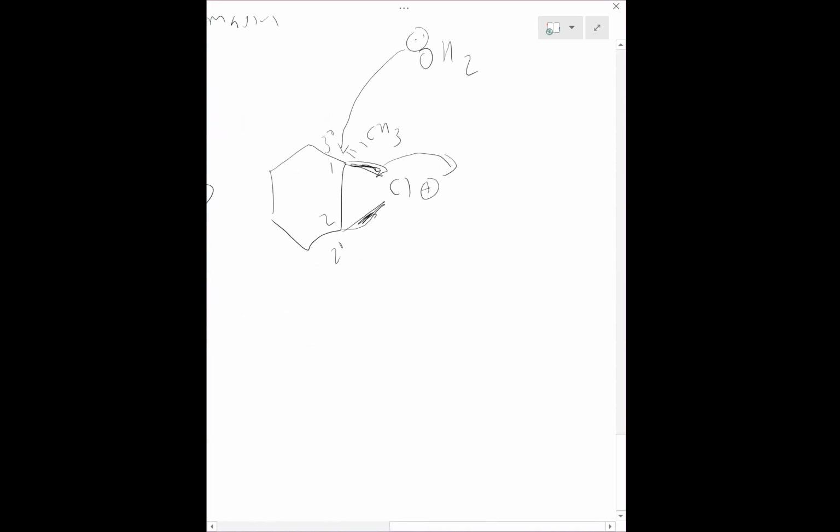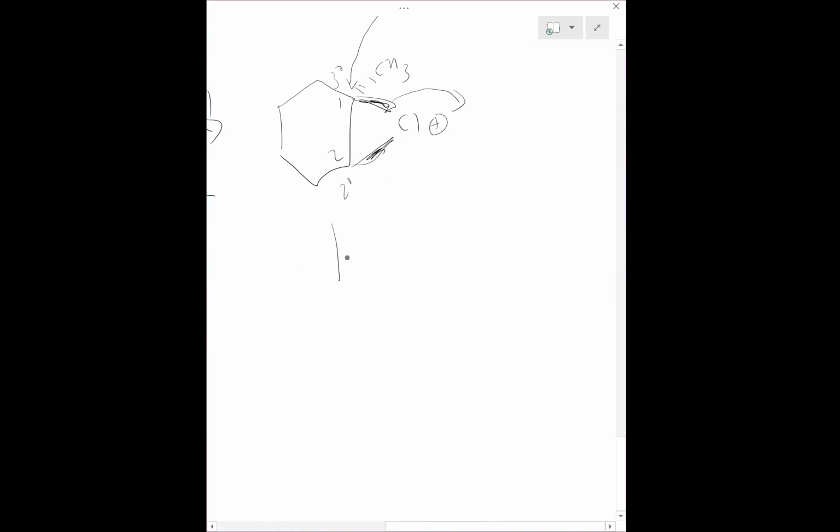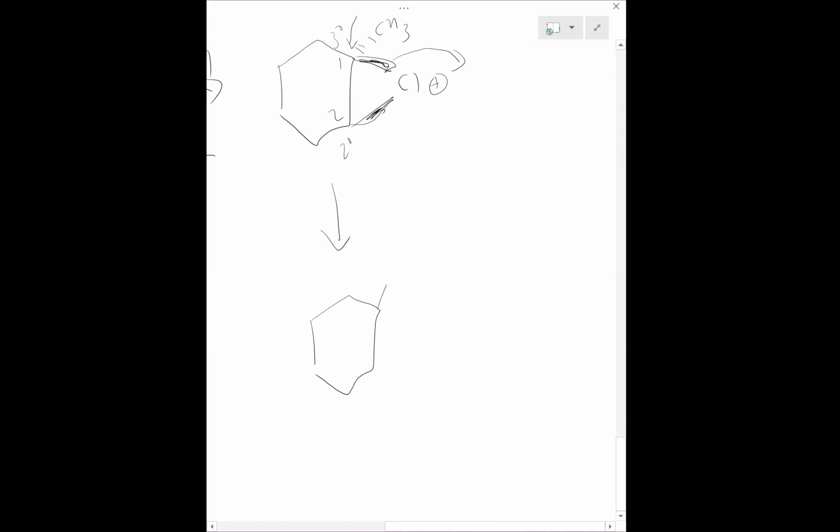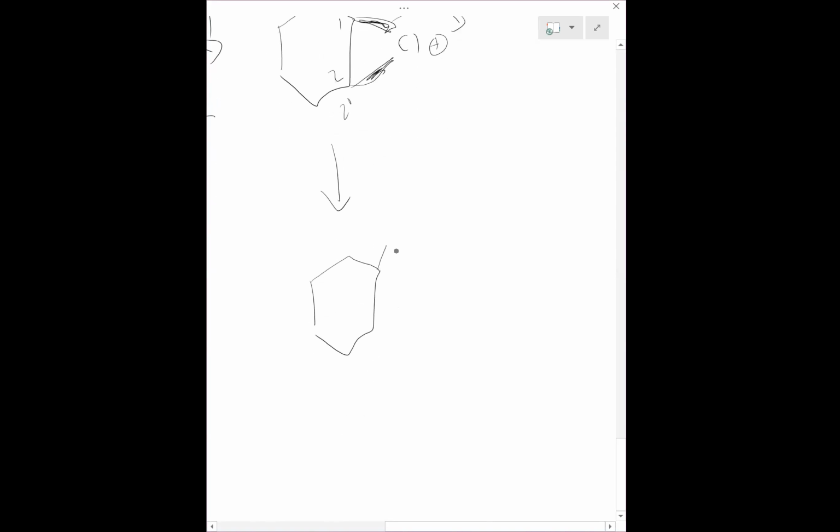So, continuing forward, you now end up with the CH3 rotating to get on a wedge. And now you have O with 2 H's because we haven't done anything with that.